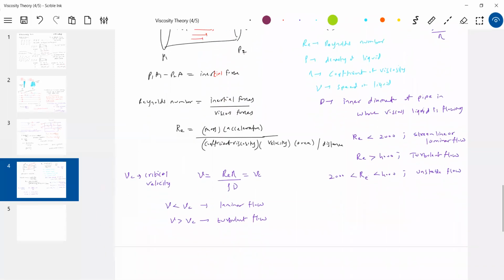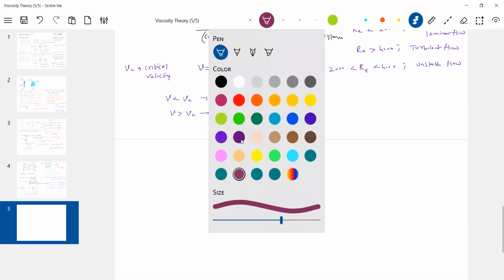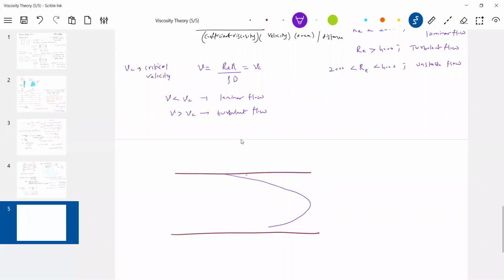Okay, let me go to the, no, I'll show this. Okay, let's keep this data. If I take the pipe, liquid is flowing through a pipe. This is only theoretical. Once you get this, the rest will be very easy. It's just formula based. Now, if you see, laminar flow of the liquid will be like this.